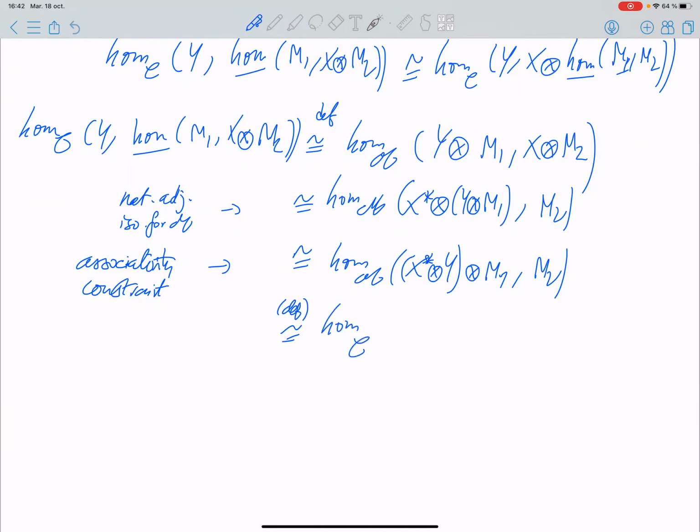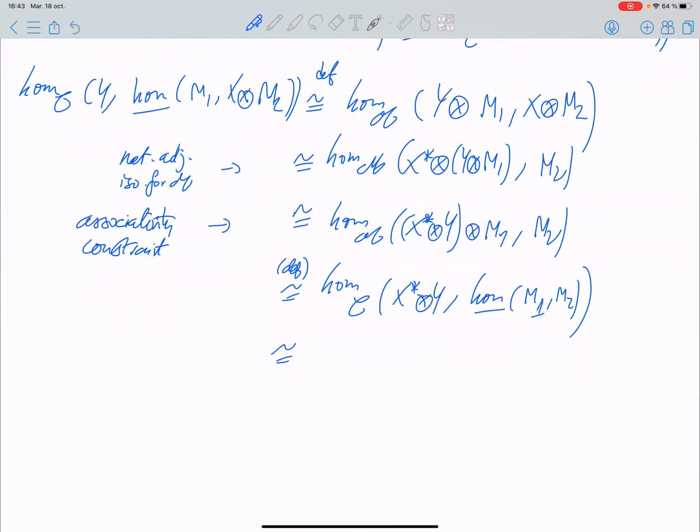So you come back to C, X star tensor Y, internal Hom M1, M2. And finally you apply the natural adjunction isomorphism for C. And you just move the X on the other side.